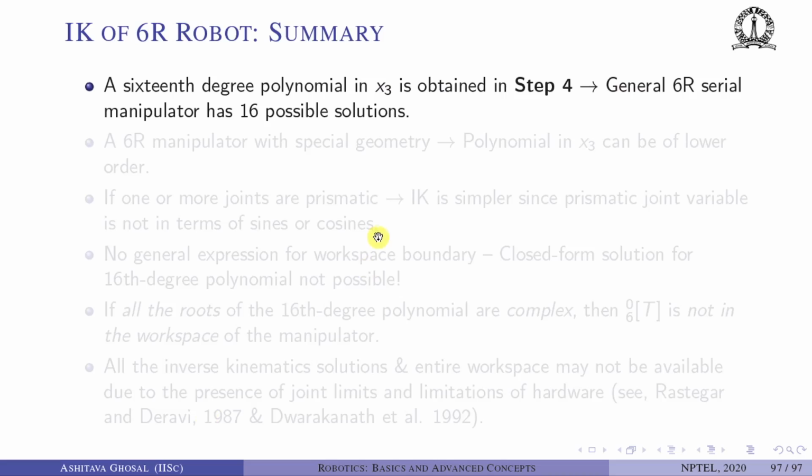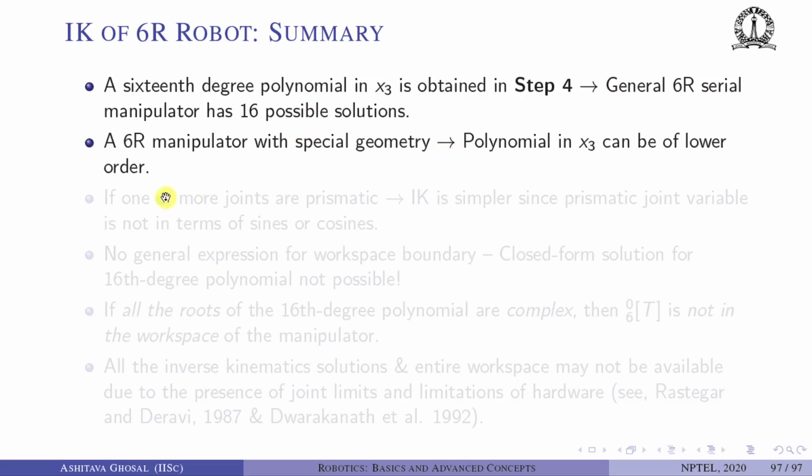So what is the summary? Any general 6R robot has 16 possible solutions. Why? Because the polynomial in theta 3 was 16th degree. If you have special geometry, meaning certain link lengths are 0 or some angles are 90 degrees or 0, this polynomial in x3 can be of lower order.